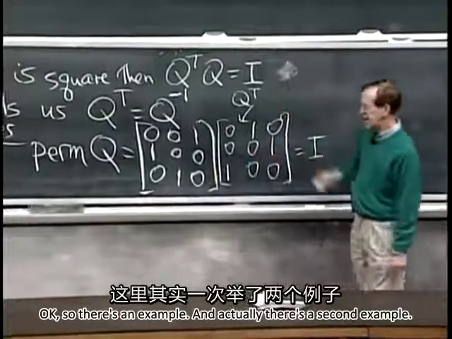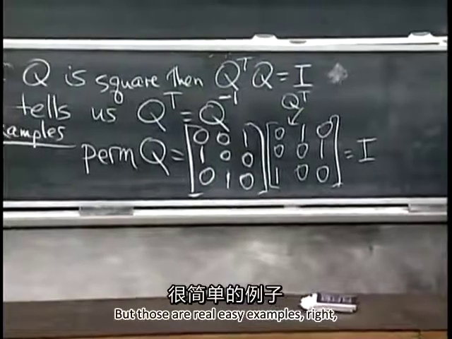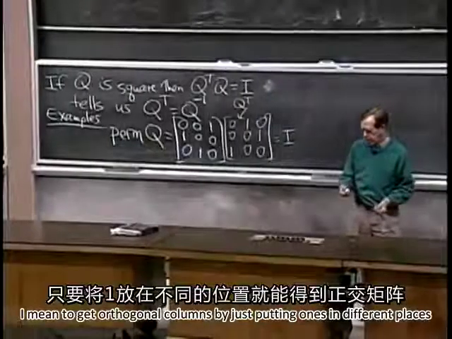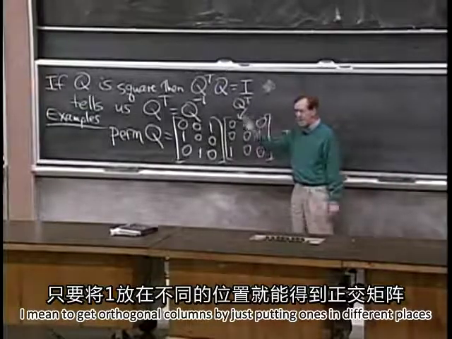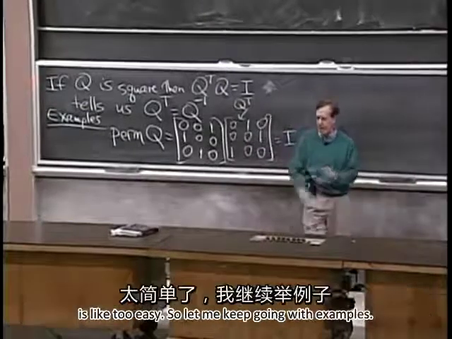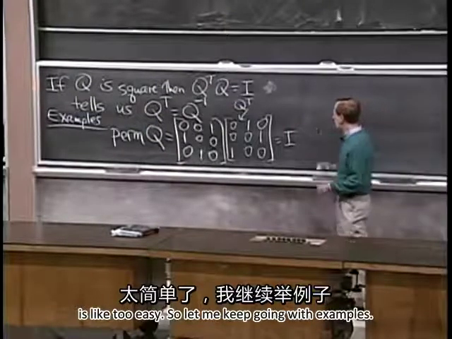But those are really easy examples, right? To get orthogonal columns by just putting ones in different places is too easy. So let me keep going with examples.